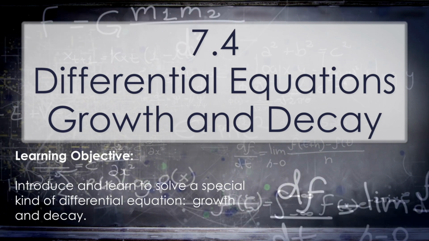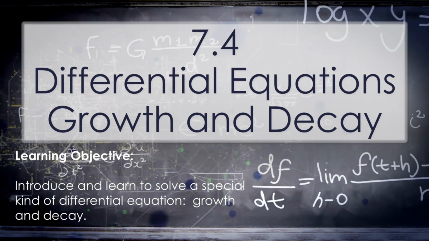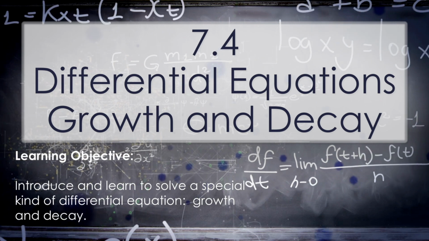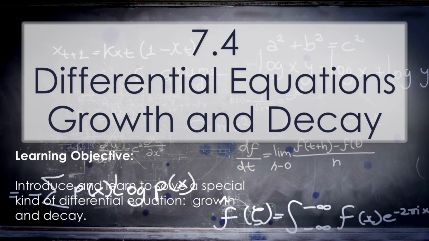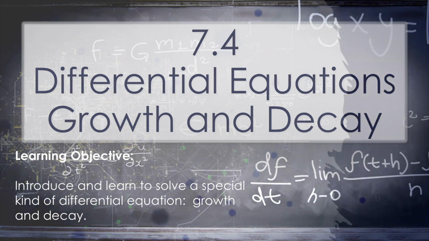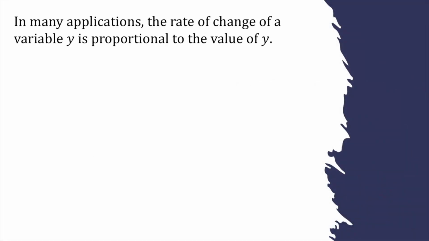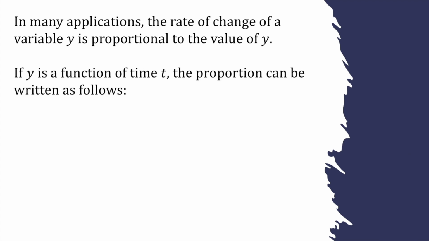So our learning objective today is to introduce and learn to solve a special kind of differential equation, growth and decay. In many applications, the rate of change of a variable y is proportional to the value of y.